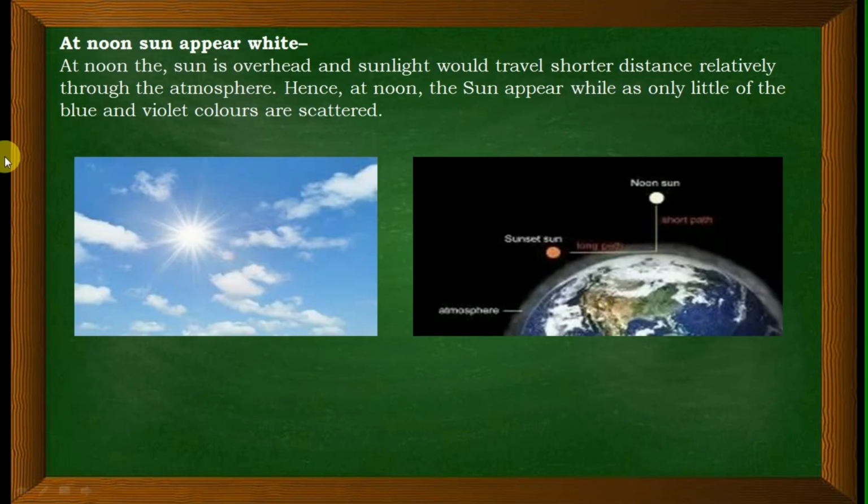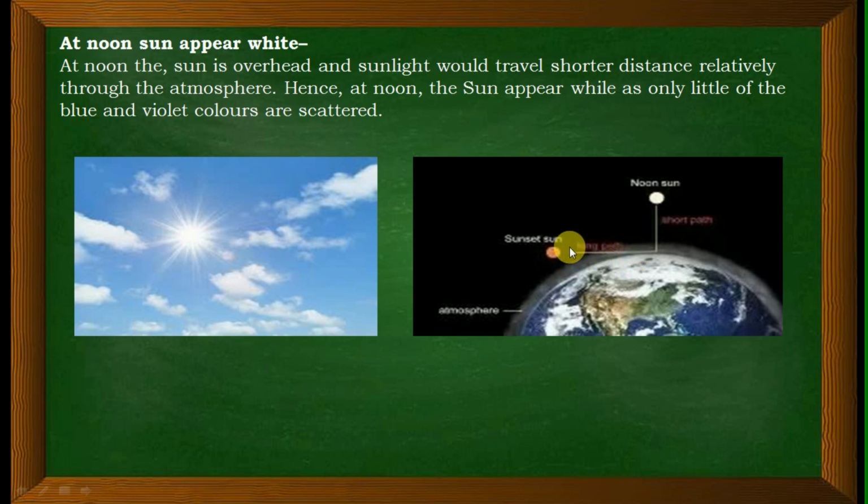At noon, sun appears white. Why? So if you see at the horizon, it has a long distance to travel. Whereas when it is exactly on top of the head, it is a short path. So basically short path and a long path. So when it is a short path, sunlight will travel a relatively shorter distance through the atmosphere, right? Shorter distance travel means blue light, violet light will be scattered, correct, because it has a shorter wavelength.